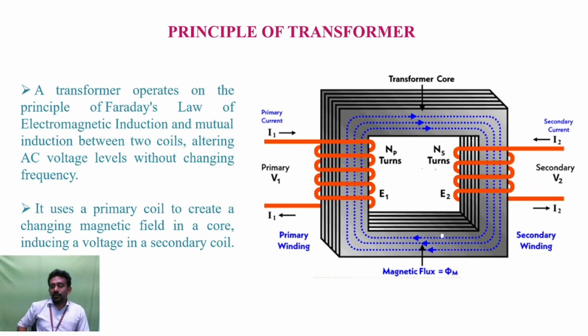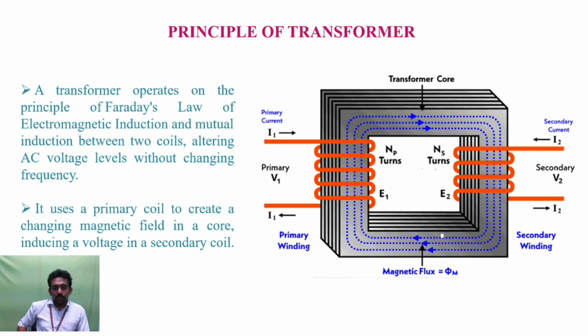without altering the frequency. Initially, when the voltage is applied to the primary coil, the current flows through the primary coil, and this current induces a self-induced EMF E1 across the primary winding.